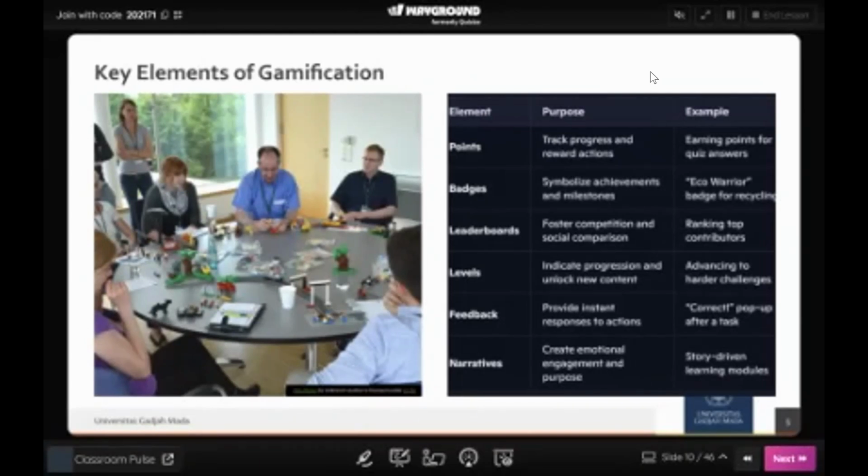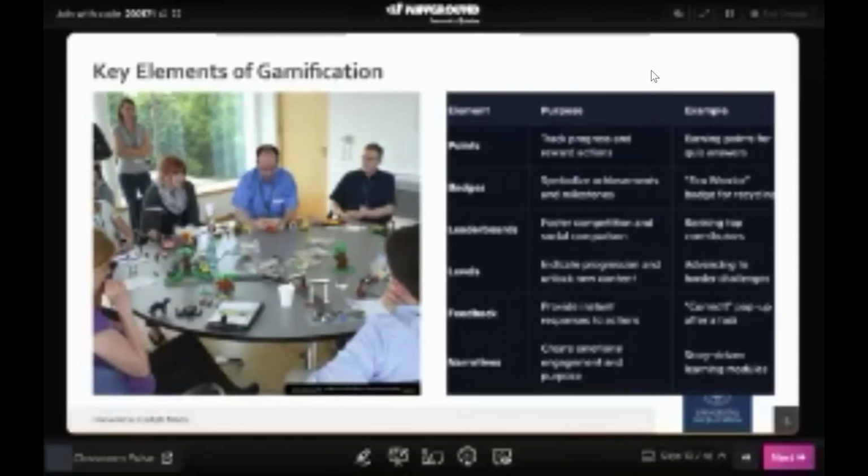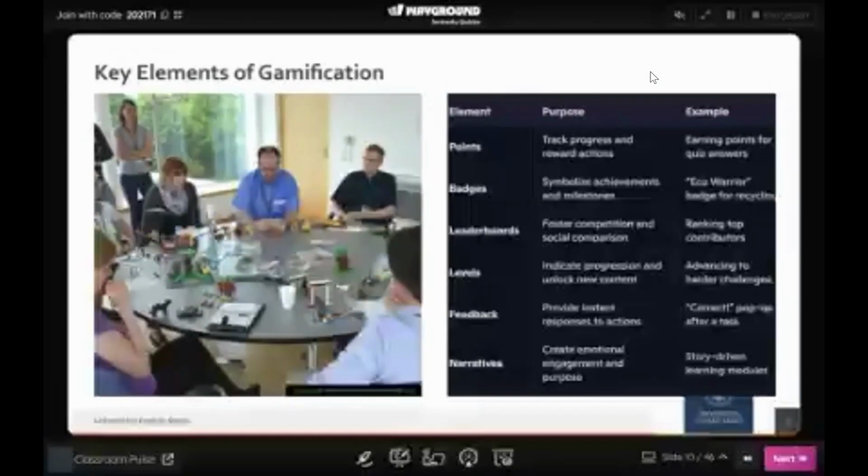The question is how? Some learning management systems or applications use levels so that if you reach a certain level, you open another challenge. Levels, yeah, and after that you get feedback.